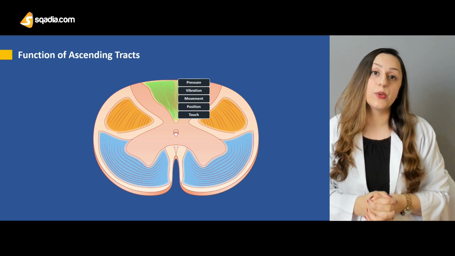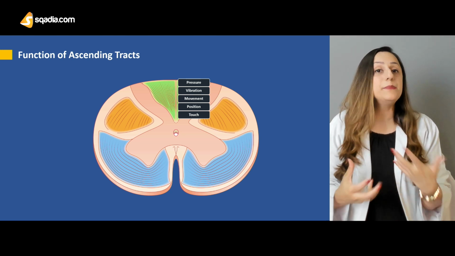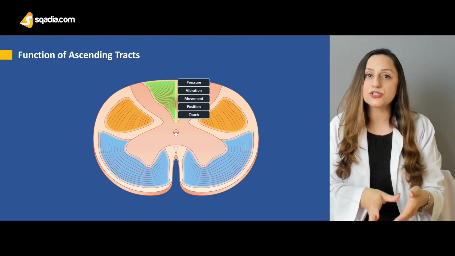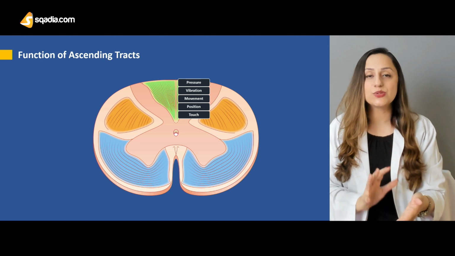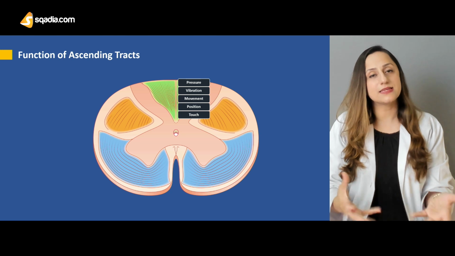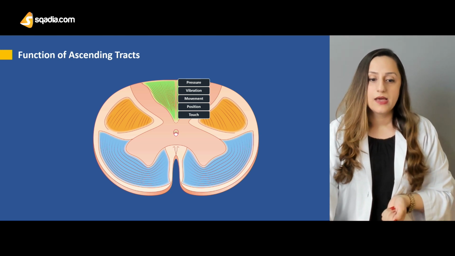This condition is known as astereognosis, and it is basically the inability to identify objects by touching them, by recognizing the shape through touch. So this is the discriminative touch, which is quite different and is something which evolves with the passage of time in human beings.